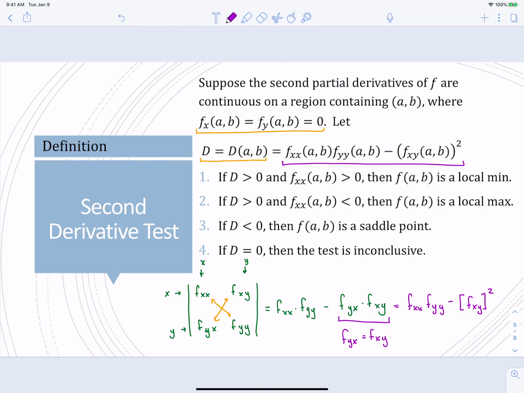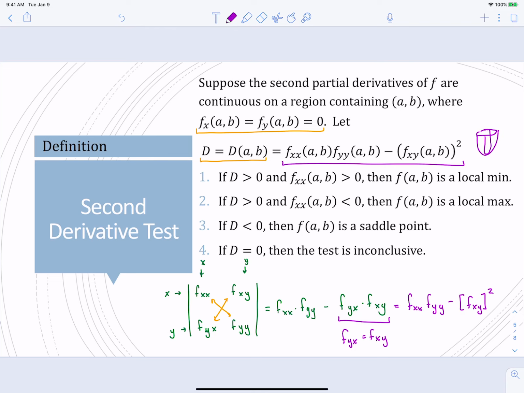So if D is positive and our second partial derivative with respect to x is positive, then we have a local min. So remember that second derivative, that's looking at concavity. I said max, I might have. If we're thinking about concavity and that parabolic bowl, that's a nice quick example to think about.